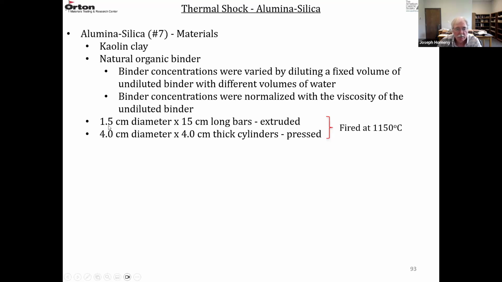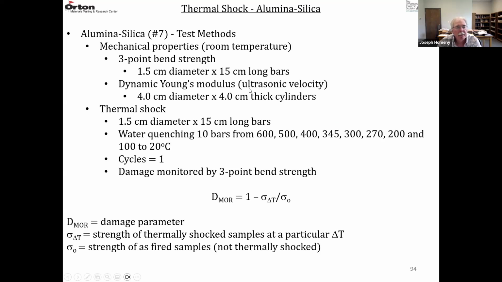And they made samples in two different ways, a 1.5 centimeter diameter by 15 centimeter long round bar that was extruded, and a 4 centimeter diameter by a 4 centimeter thick cylinder was pressed, and they were fired at only 1150 degrees C, which is probably the appropriate temperature range for a clay.